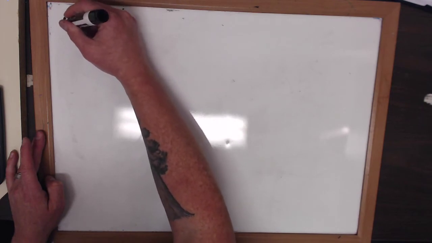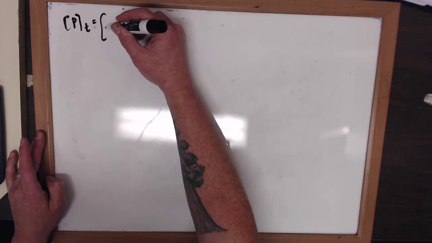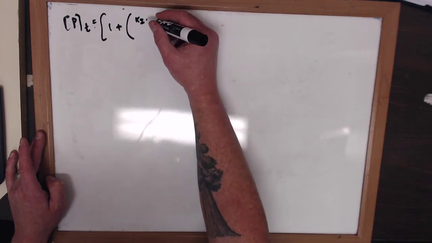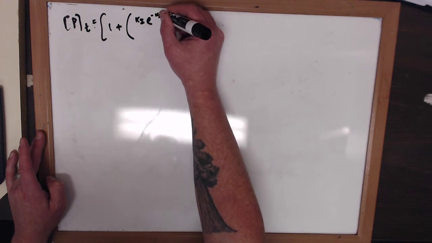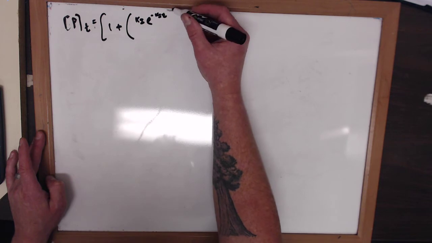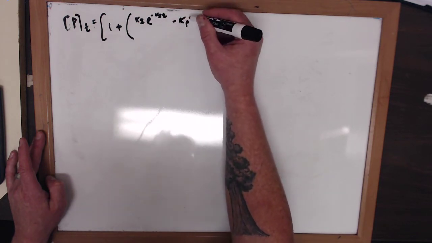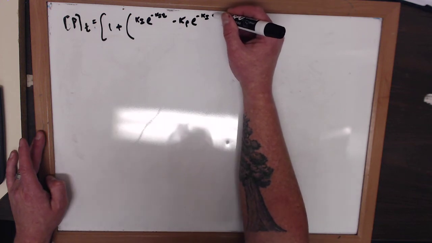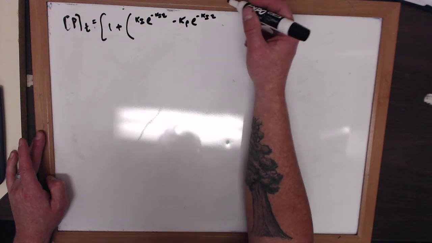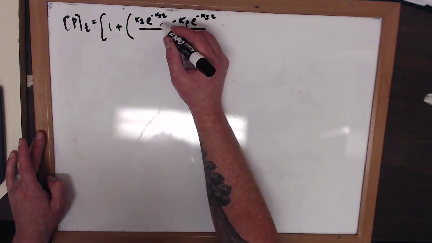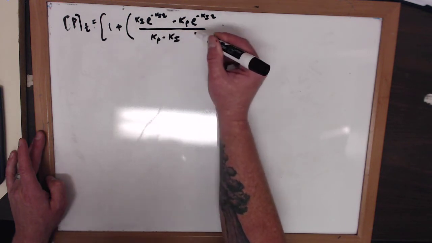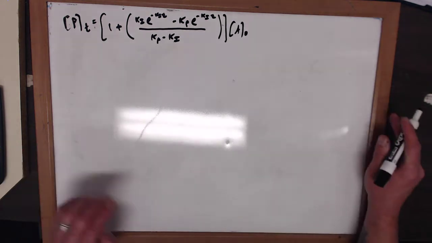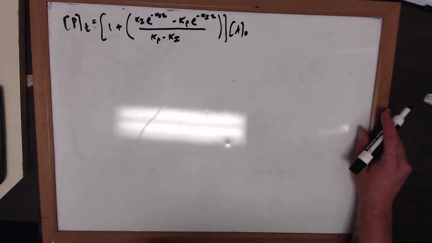Here's the expression for P as a function of t, and that all distills down to the quantity 1 plus, and then this gets a little large, but it ends up being Ki exponential raised to the negative Ki times t, and then minus Kp exponential raised to the negative Kp times t, and then that's all divided by Kp minus Ki, in parentheses and bracket, and then that's all times the A initial concentration. Okay, so that is our expression for P.